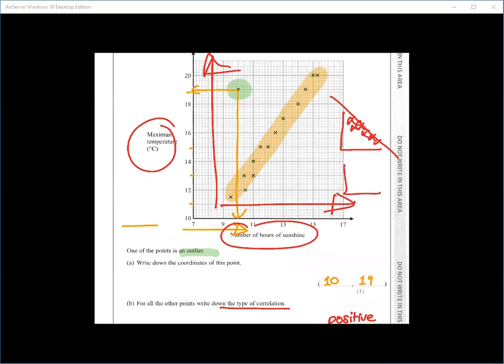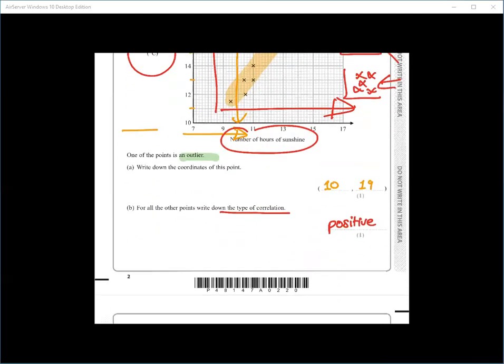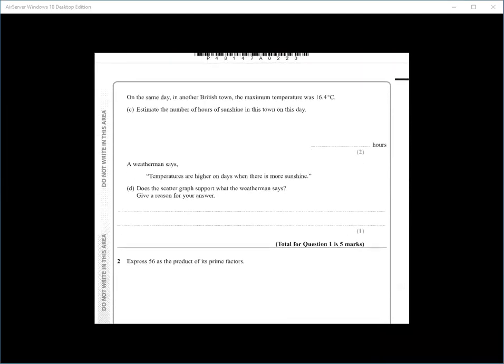Now, if we had the crosses going everywhere, what do we call that correlation, Salia? All over the place. No correlation. Lovely. So the current one is positive, this one here would be negative, and that one here would be no correlation. Okay, good one.